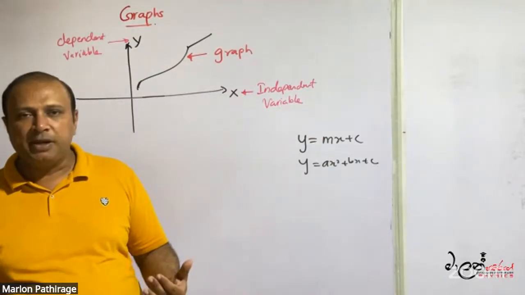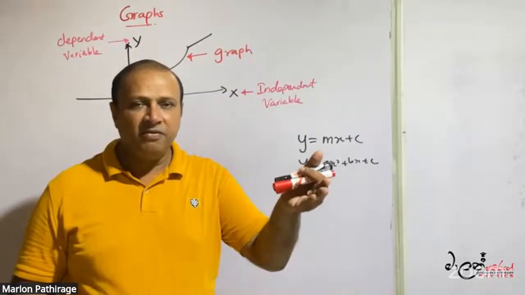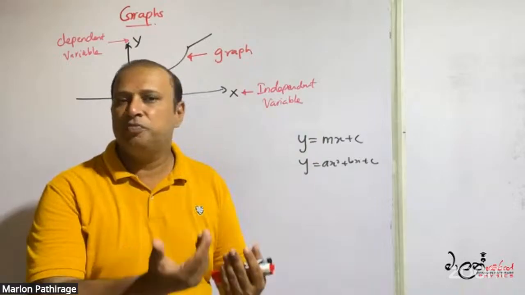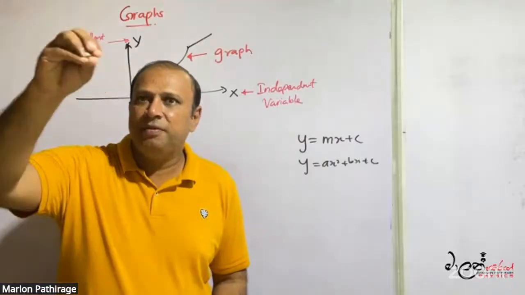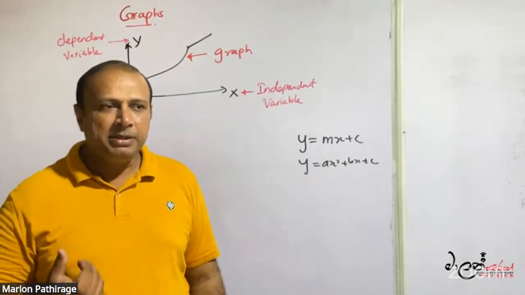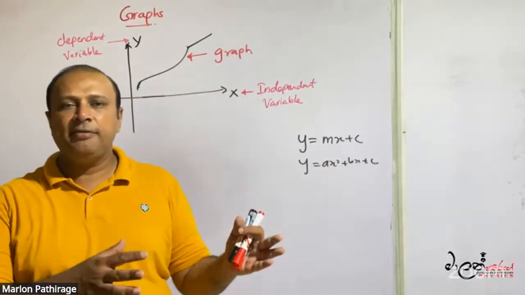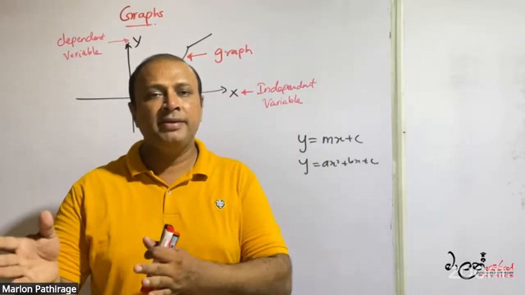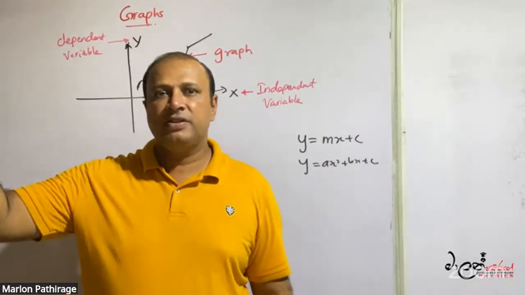Sometimes those variables may be time and displacement. When time varies, displacement also varies. Then we can have a relationship between time and displacement, and that relationship can be plotted on a graph. Sometimes this relationship may be between time and energy, or time and temperature, or temperature versus energy.